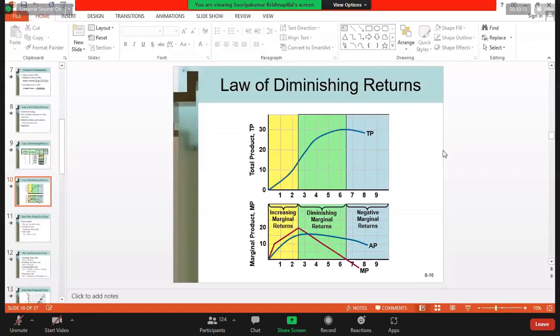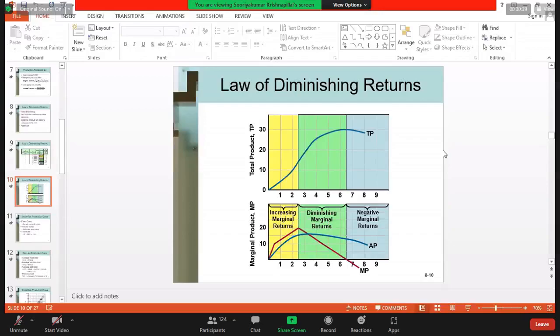Then to produce additional output, we don't pay more because each additional labor produces more. Then each additional output costs less. So total cost increases at the decreasing rate.